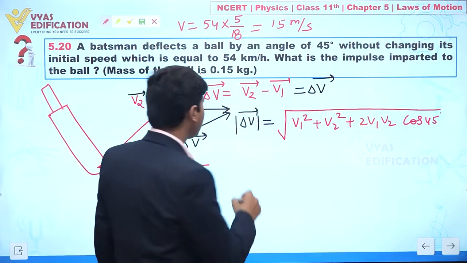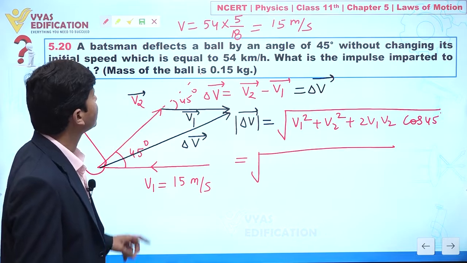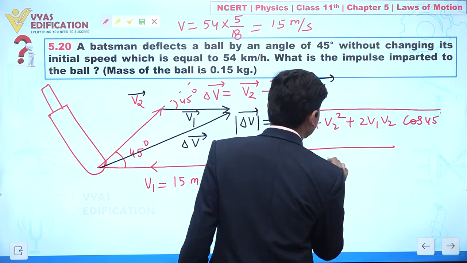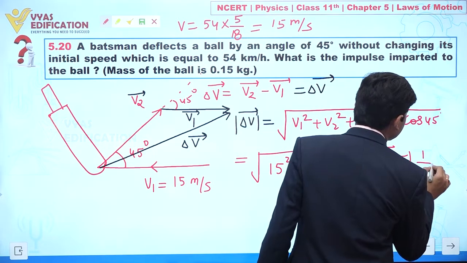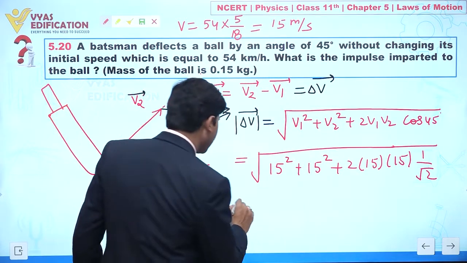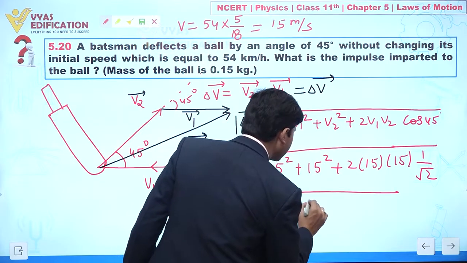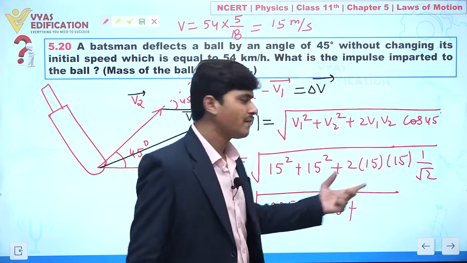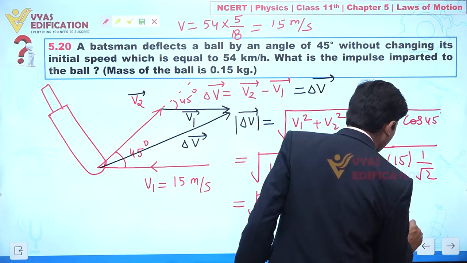Putting in the values, under root of 15 square plus 15 square plus 2 times 15 times 15 times 1 by root 2. This is 225 plus 225 plus 450 into 1 by root 2.